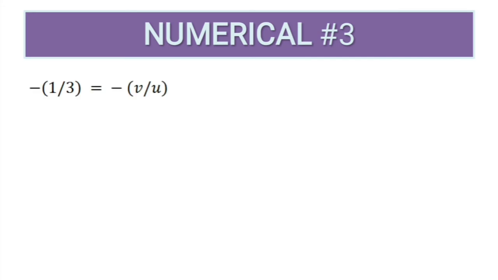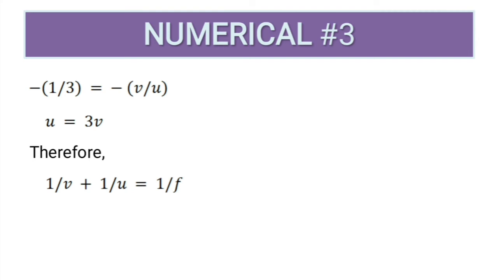So minus 1 upon 3 is equal to minus v upon u. Now obviously the minus signs will cancel from both the sides, and if you shift u onto the left hand side and 3 to the right hand side, you will get u is equal to 3v.